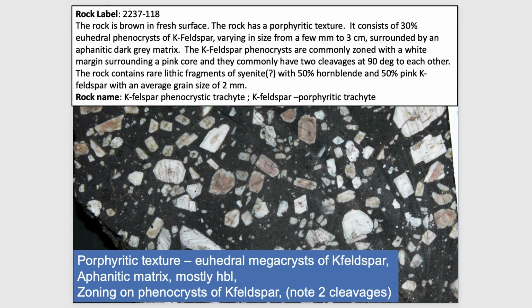And we have other mineralogy, so the phyllosilicates are quite abundant and give this darker color to the microcrystalline matrix, which is a good indication you are dealing with a trachyte.